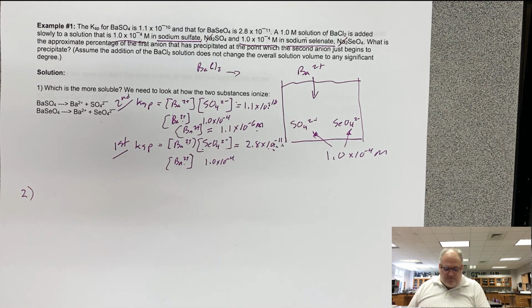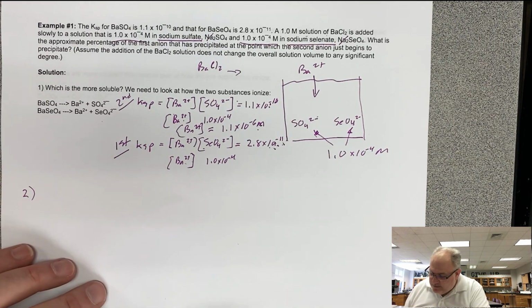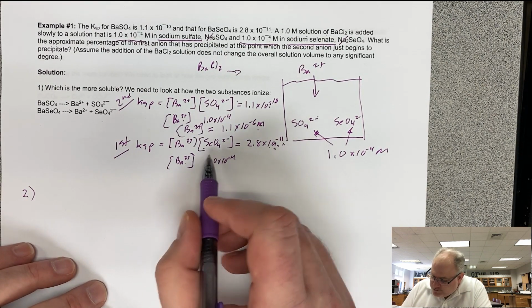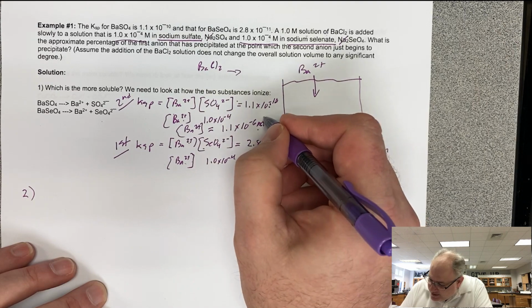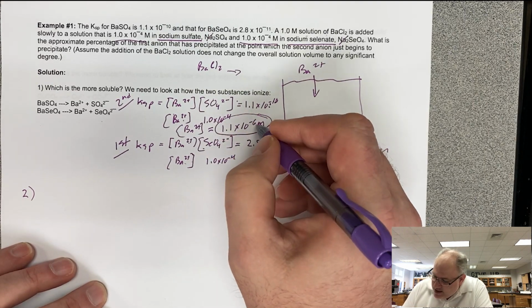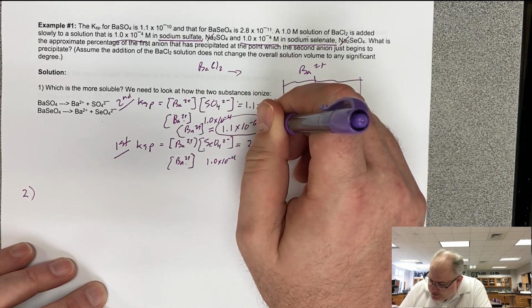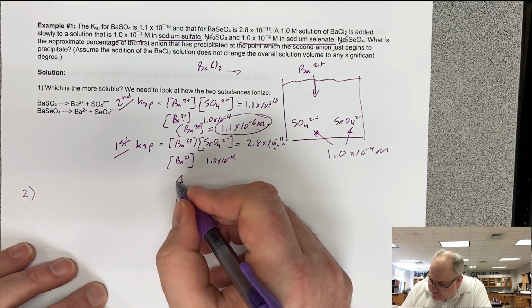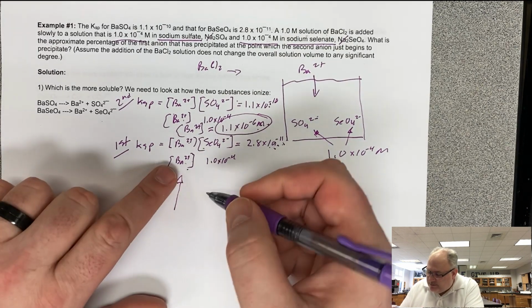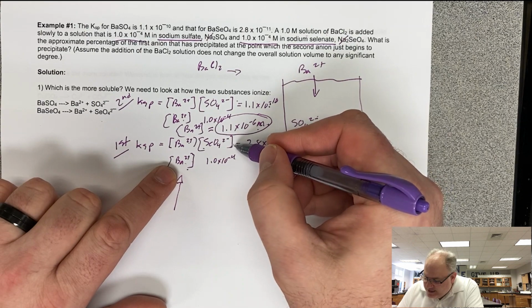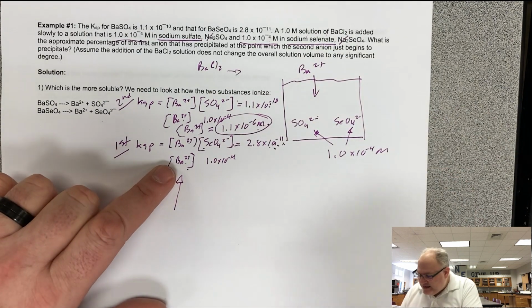Now, let me show you some mathematics here that you're going to love. Watch. If I take this Ba value right here, this is when the second thing starts to precipitate, and I plug it into the first equation, wouldn't I be able to know how much of the SeO4 2- is left? Let me say that a different way.